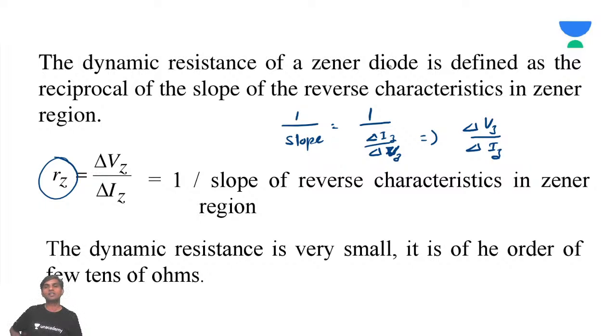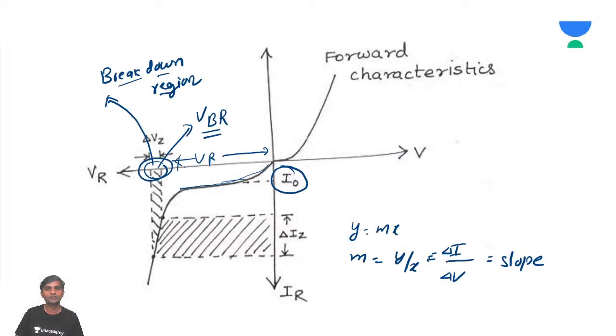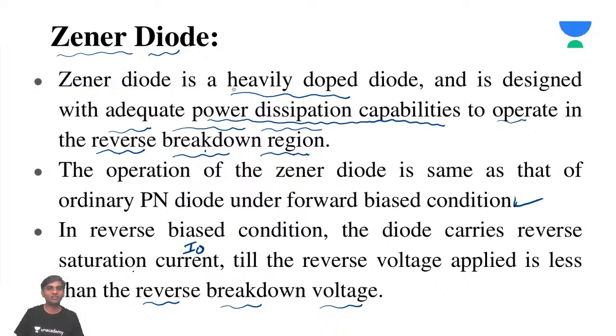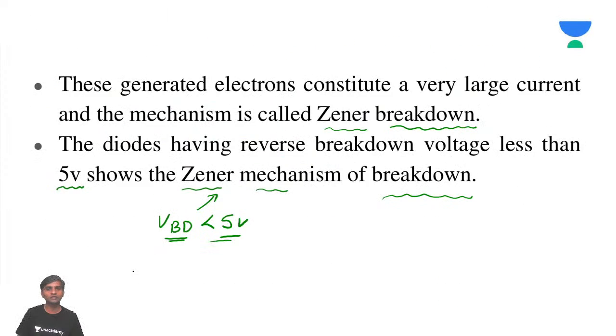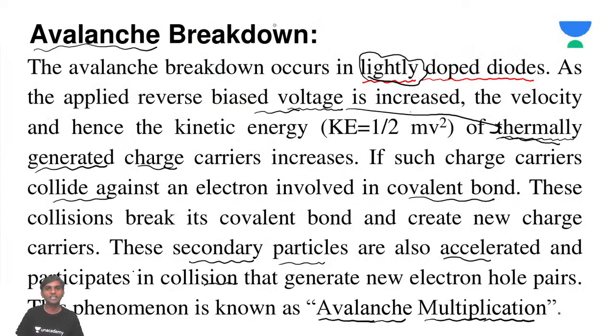The major difference is this: Zener breakdown happens in heavily doped diodes, whereas avalanche breakdown happens in lightly doped diodes.